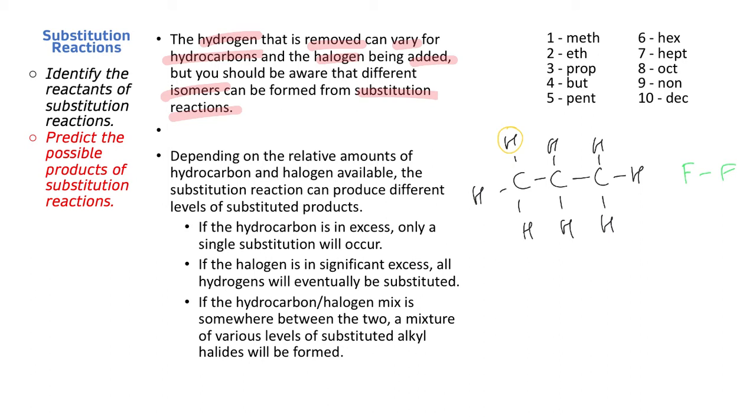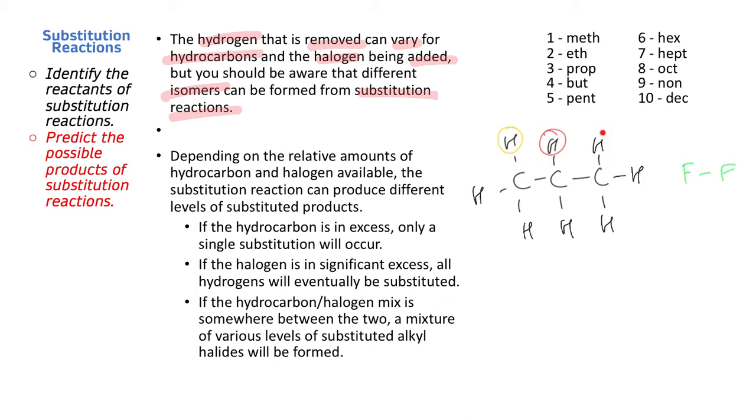But if you substitute this one here, you'll produce a 2-fluoropropane, which means that you can produce 2 different isomers from the same reaction. You should be able to identify each of these hydrogens and, if it is substituted, what type of isomer is going to be formed.